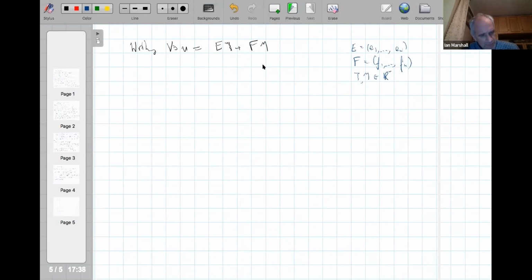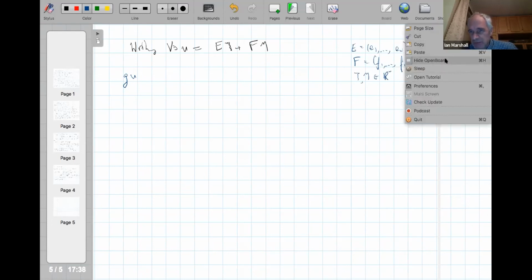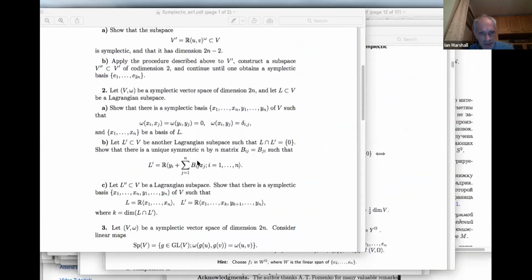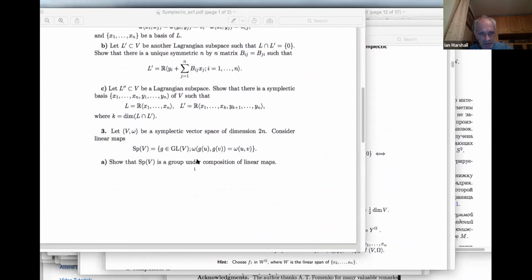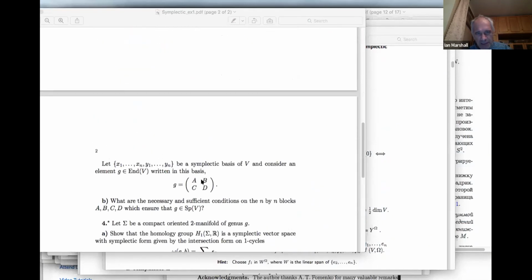So now I'm going to write G of U, well, saying that G is represented by that matrix, which is given in the problem. To say that G is represented by this matrix, it just says that I'm supposed to write it in that basis and then act on it with this 2n by 2n matrix.